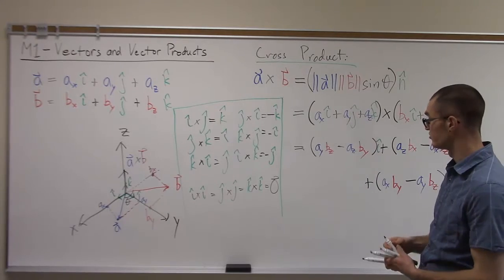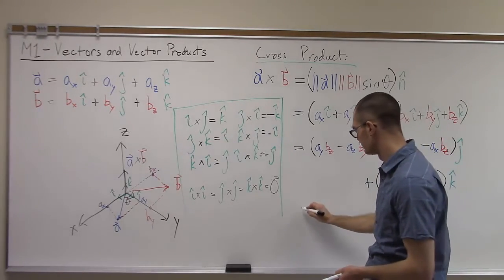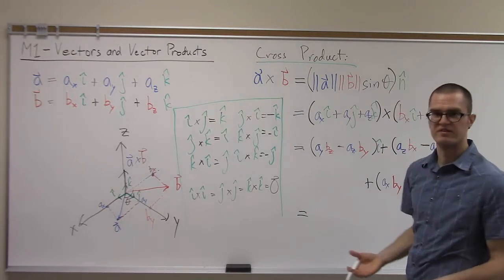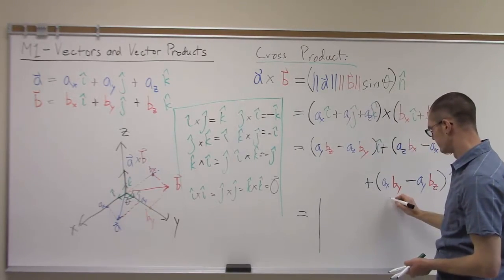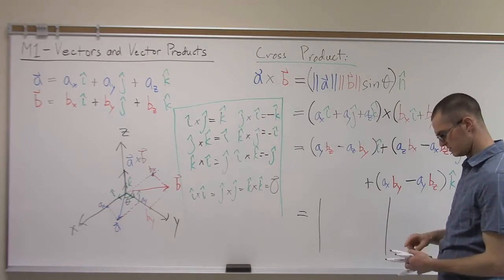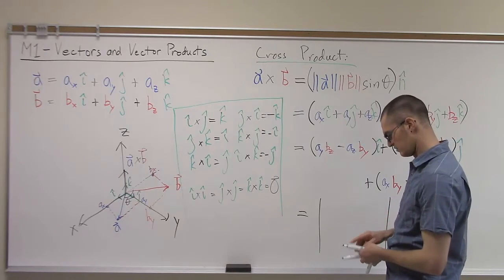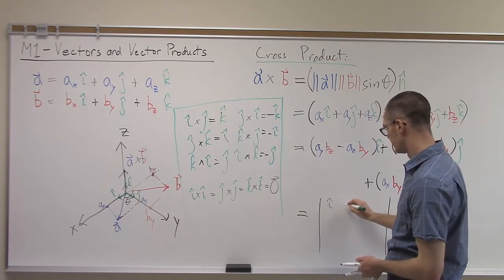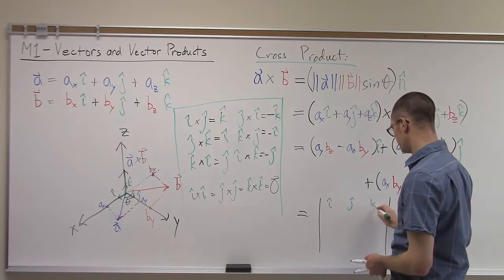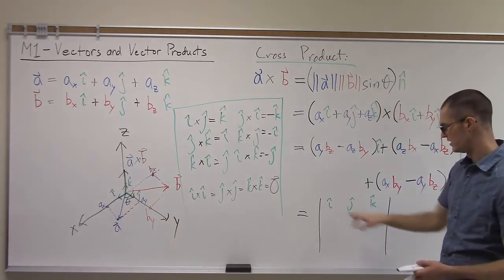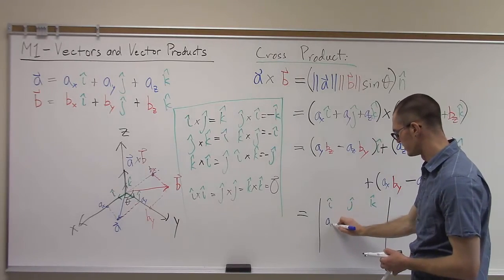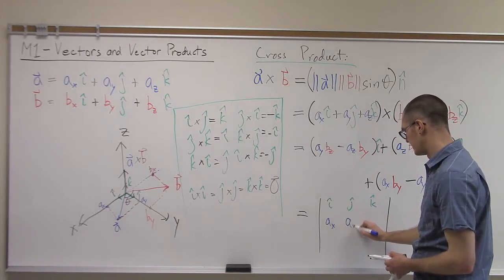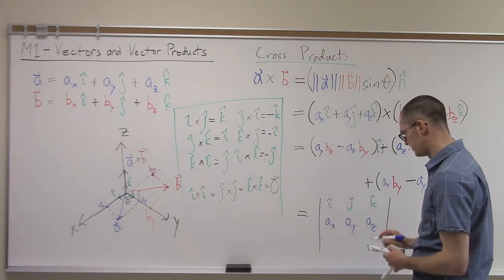If you're familiar with determinants from linear algebra, there's another way of defining this to make it easier to remember. It's the way I remember it, so I'll write it as a determinant. I'll write my I, j, and k along the top row. In the second row, I'm going to put the components of a: ax, ay, az.